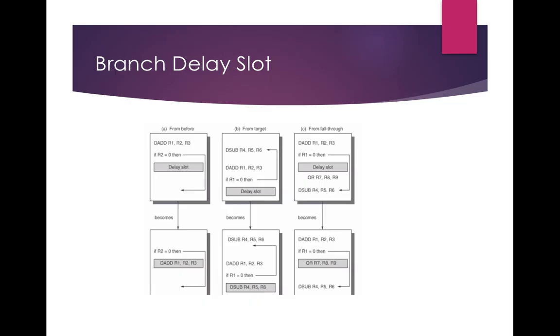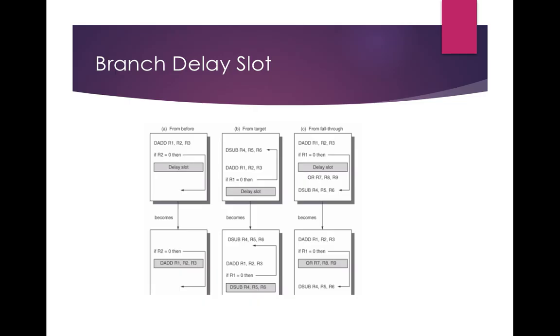With the condition if R2 equal to 0, R2 is used only as an input for the add instruction, so that instruction can be put after the branch instruction. We can rearrange it.